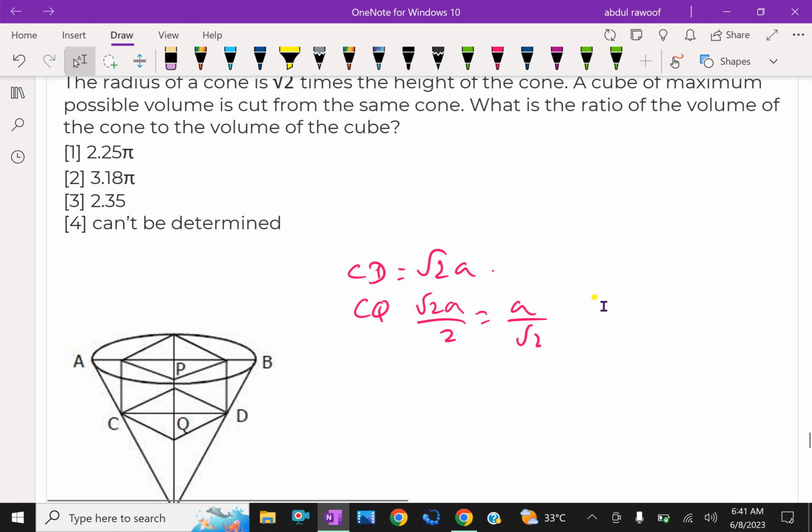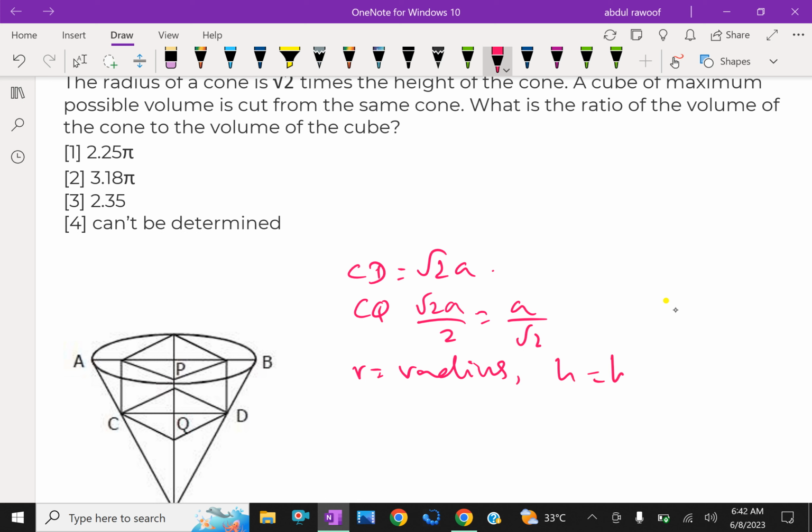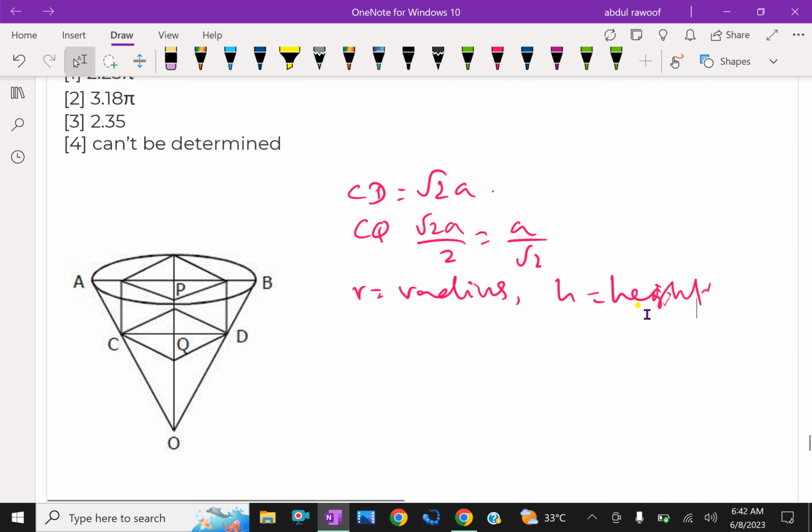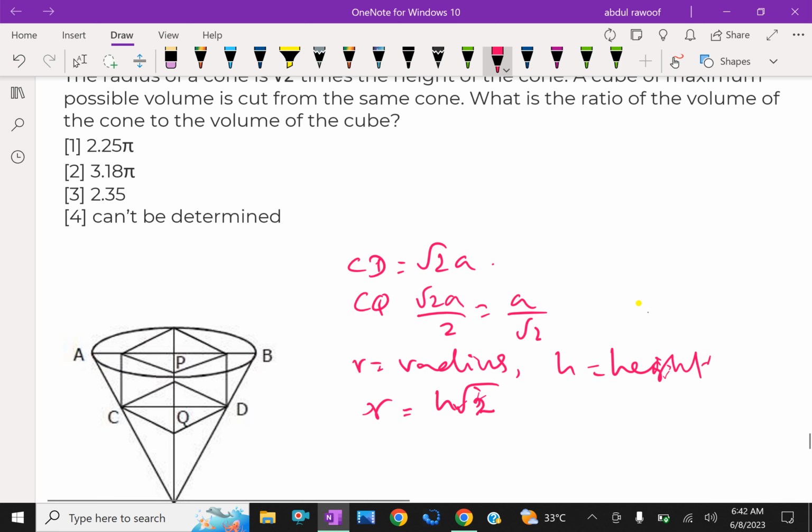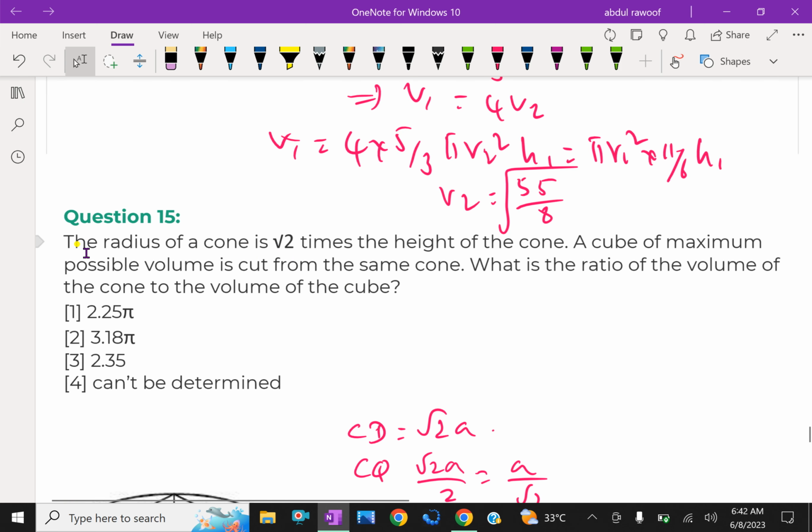Then the radius of the cone is R and the height is H. The relation is R equal to H into root 2, that is, the radius of the cone is root 2 times the height of the cone.